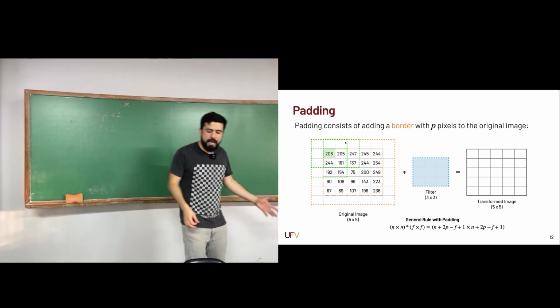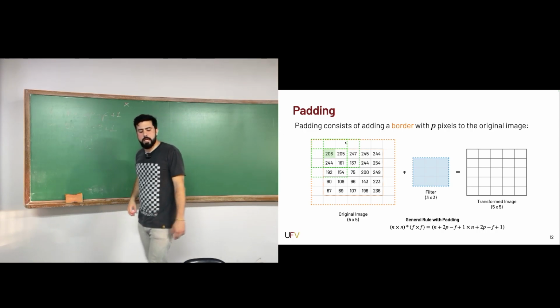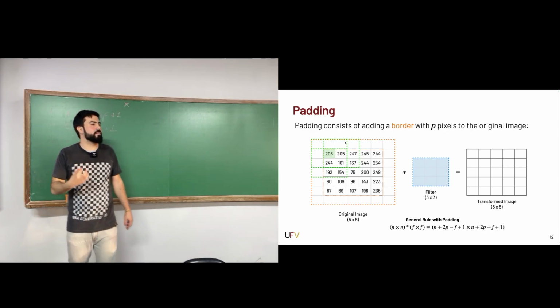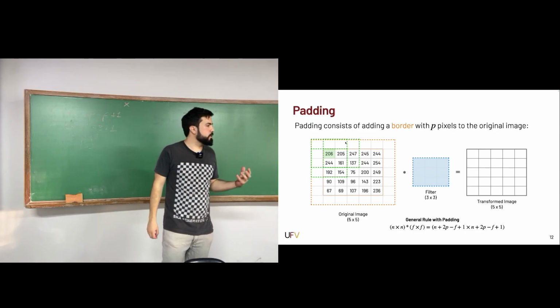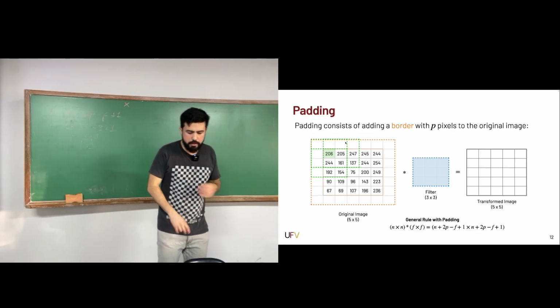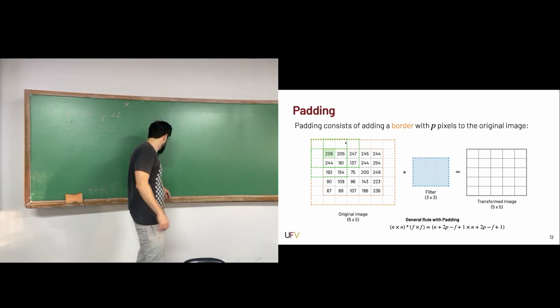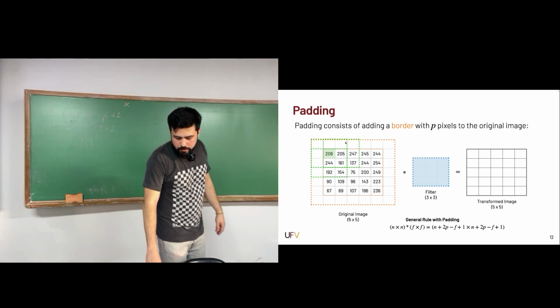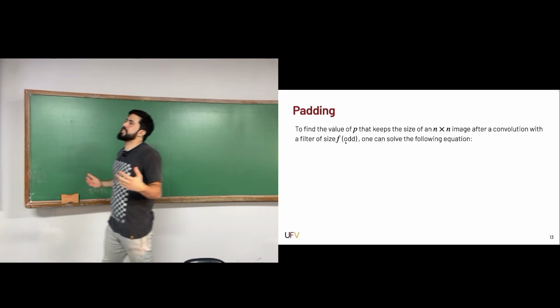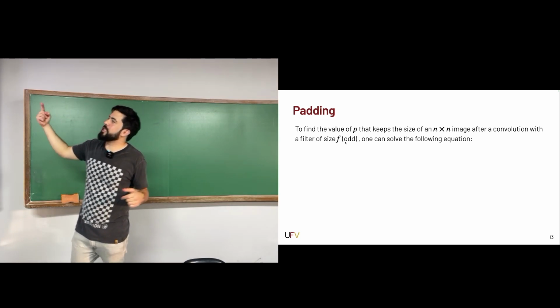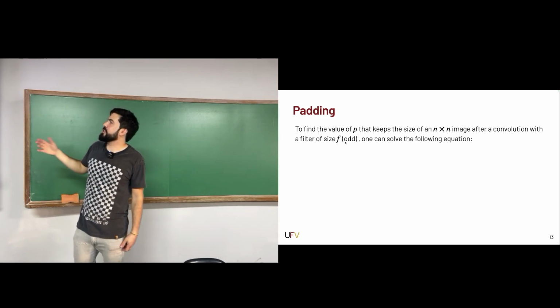So by adding padding, we can maintain the size of our original image, even after applying convolution. Okay, that's the important property. Frequently, you want to find a value p that keeps the size of an n by n image.